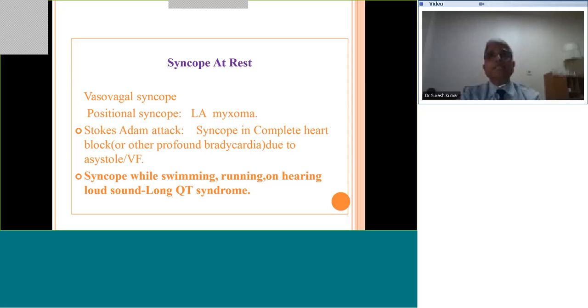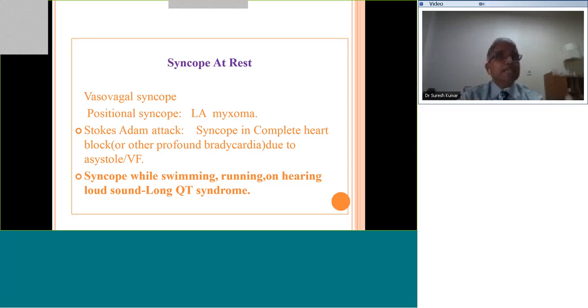What happens is the profound bradycardia comes abruptly, and as the bradycardia comes in, the person starts becoming pale, and he could die in an arrest. But more often, if he recovers, then he starts flushing and becomes all right. That is the sequence in a Stokes-Adams attack. It is intermittent complete heart block or any cause for profound bradycardia.